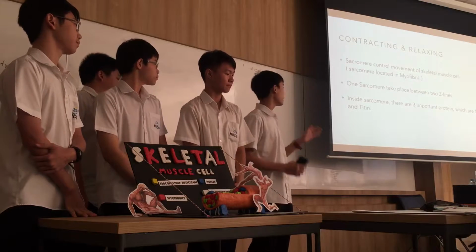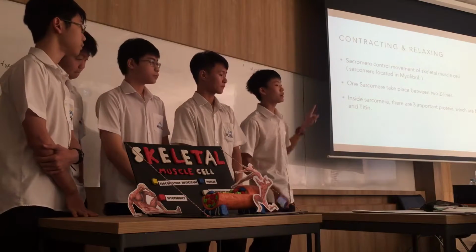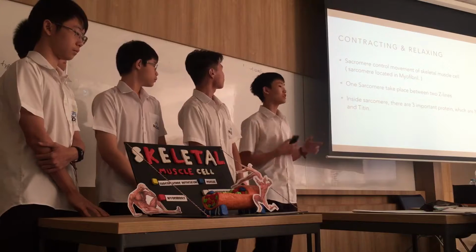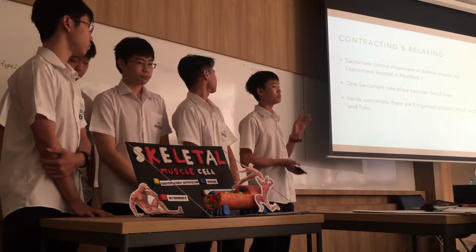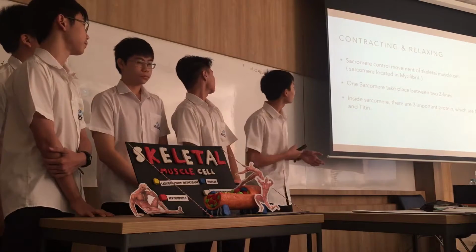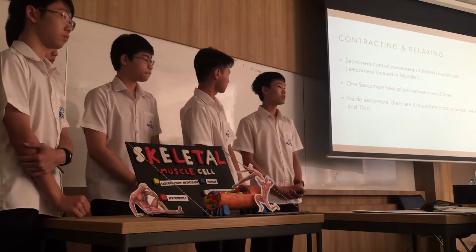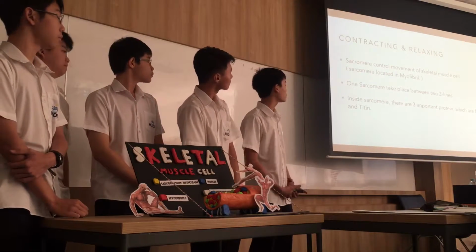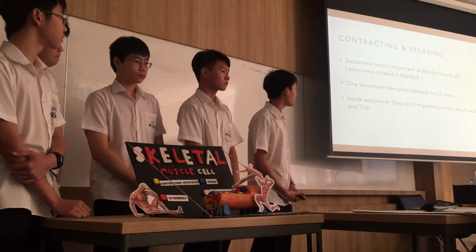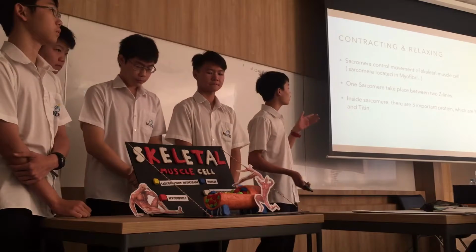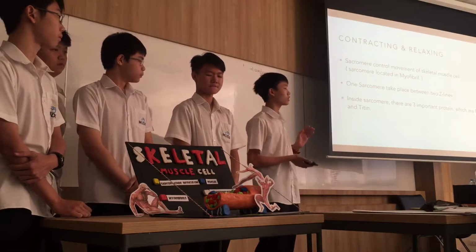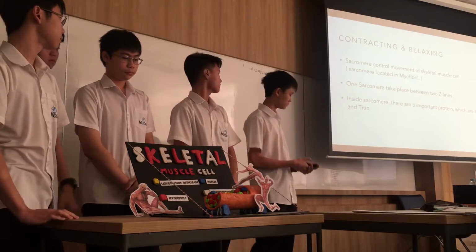One sarcomere means from one Z line to another Z line. Definitely you guys don't know yet what a Z line is, but don't worry, I will show you a picture on the next slide. Inside one sarcomere there are three important proteins, which are myosin, actin, and titin. Especially myosin and actin are very important for the contracting and relaxing function.